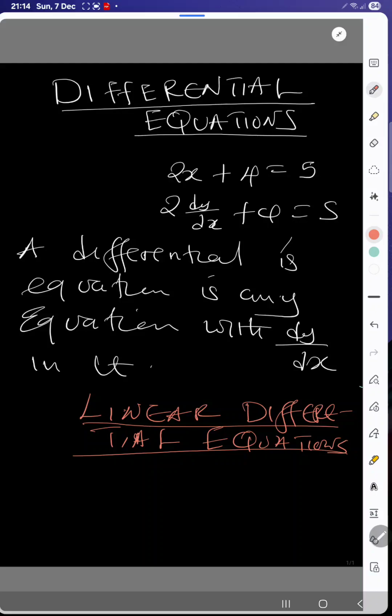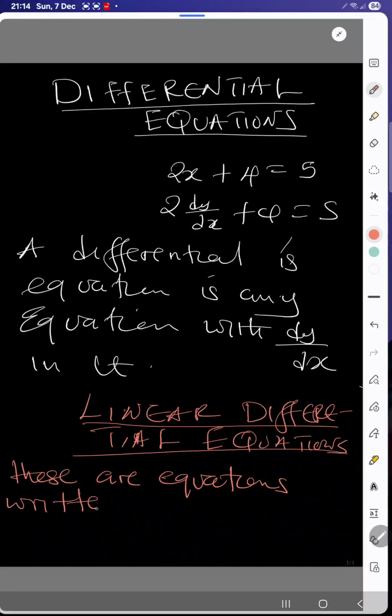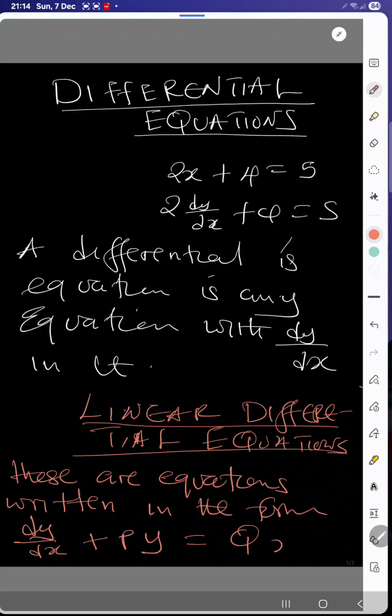Linear differential equations are simple equations which are written in this form: dy over dx plus P of y is equal to Q of x.